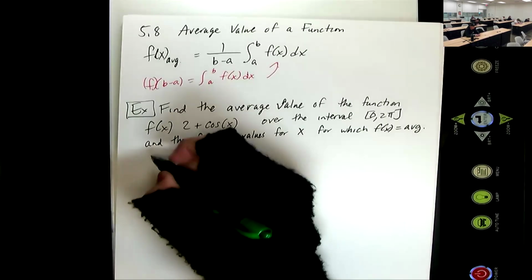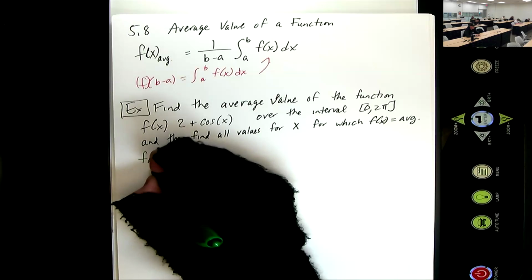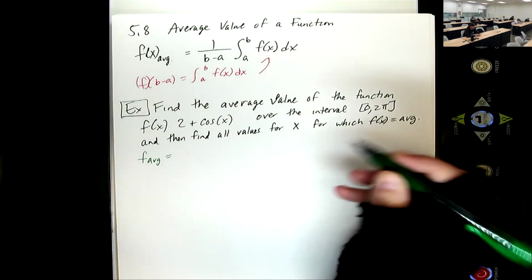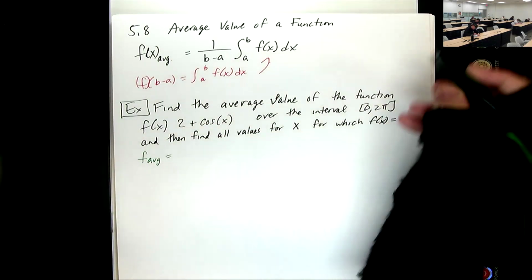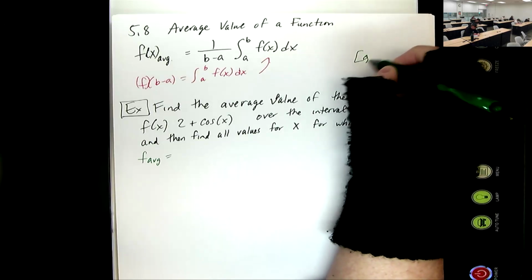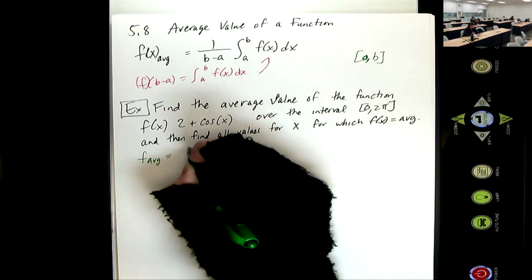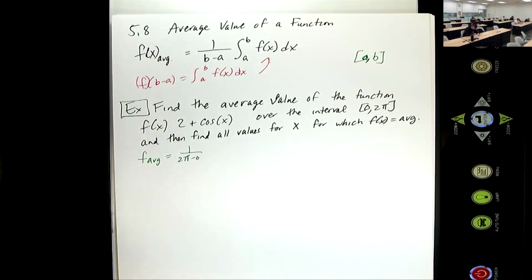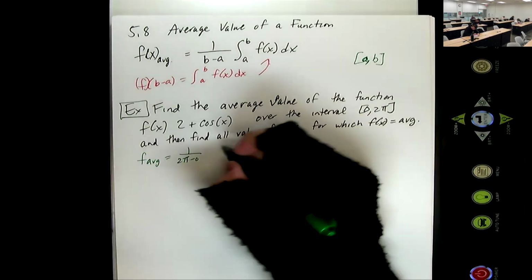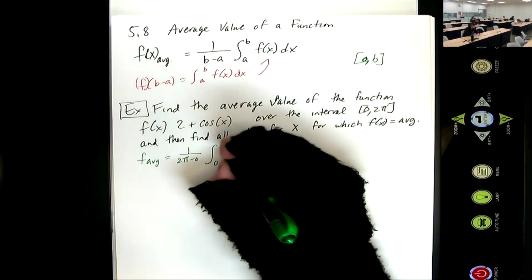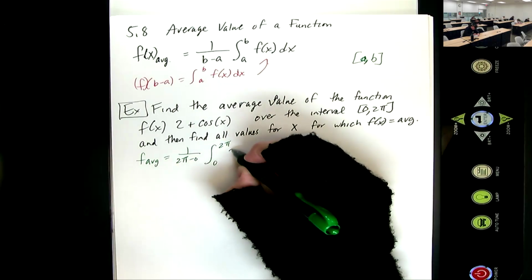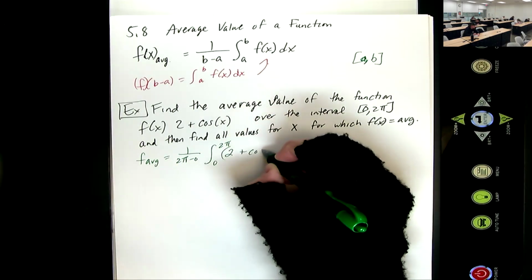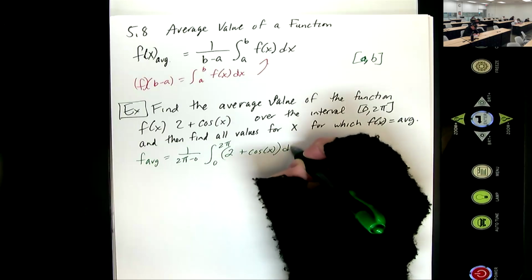Alright, well, let's find our average first. F average is 1 over b minus a, that is going on based off the interval AB. So 1 over 2 pi minus 0 is b minus a. And then we're doing 0 to 2 pi of 2 plus cosine x dx.